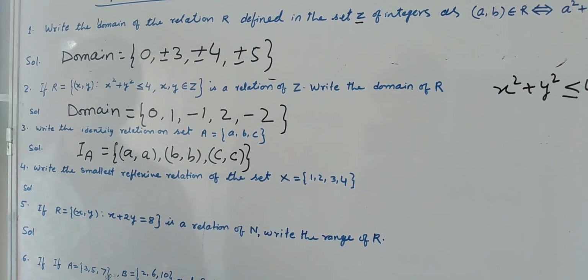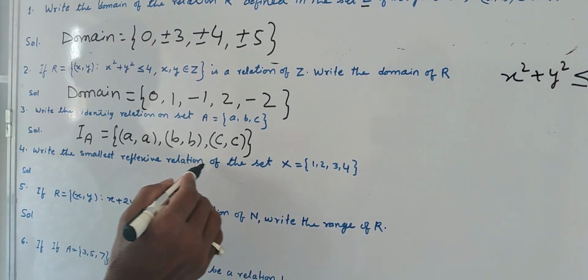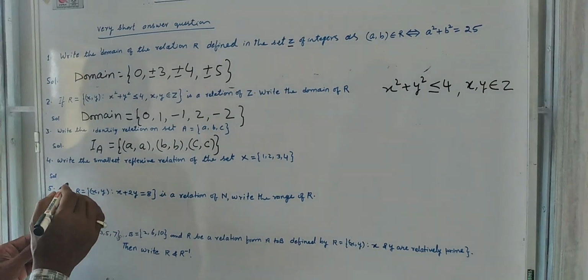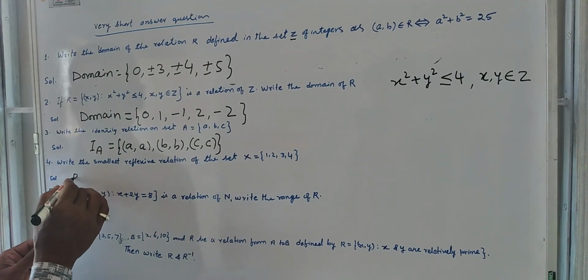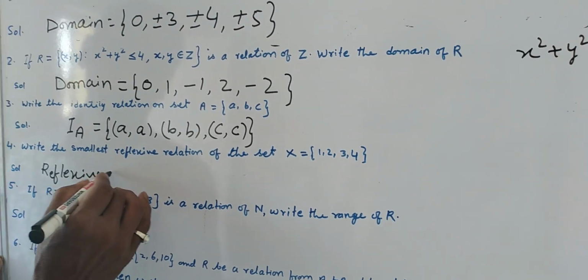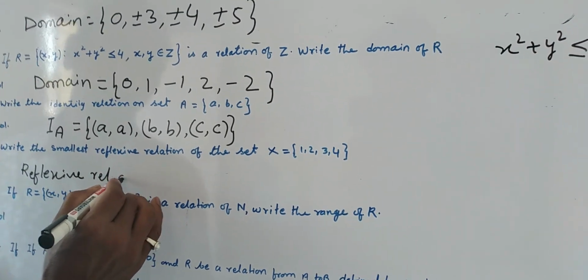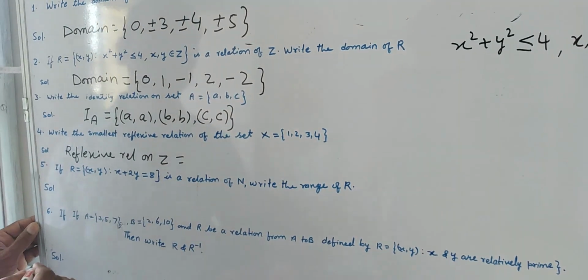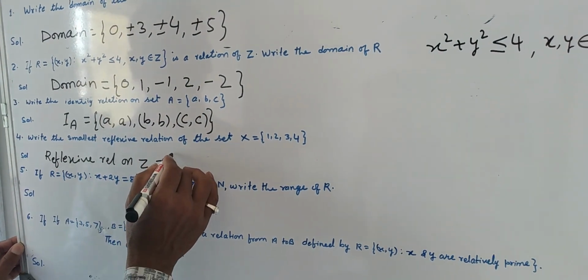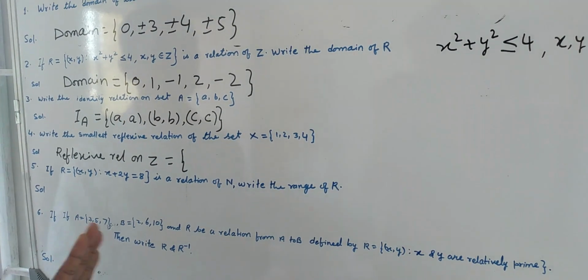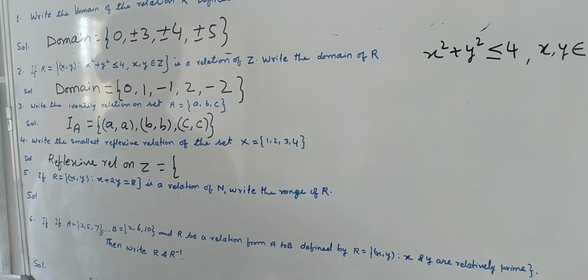Now question number 4: write the smallest reflexive relation on the set X. So the smallest reflexive relation on X is equal to, in ordered pairs, here also every element must be related to itself.